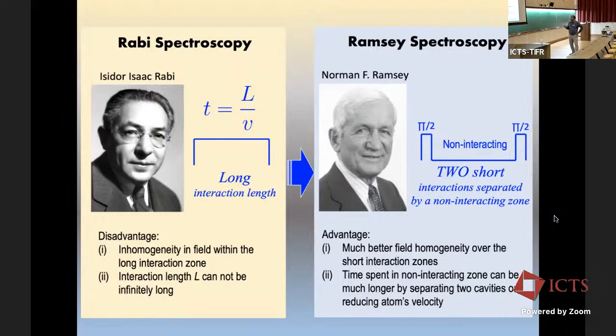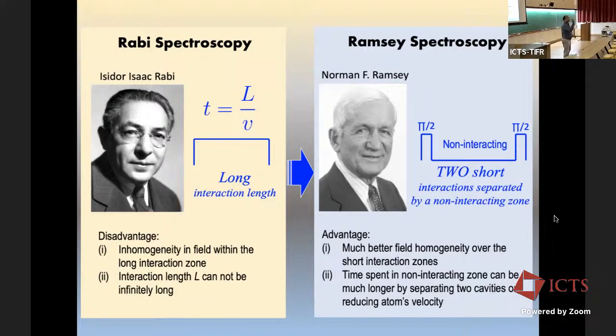So instead of one big pulse, you put two small pulses and keep the atoms non-interacting in between. In this case, atoms are interacting here and here with the microwave field, but they are not interacting in between. They are just freely moving.